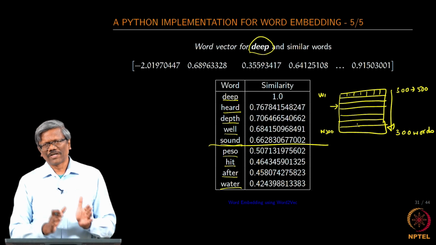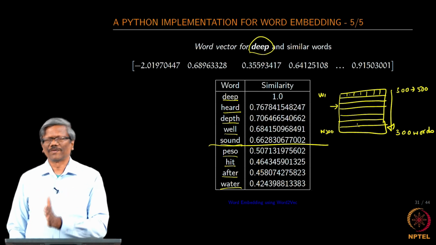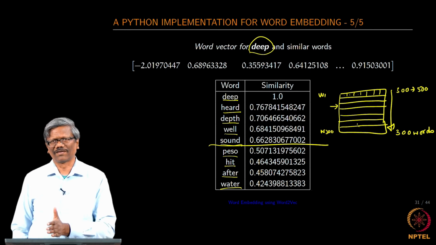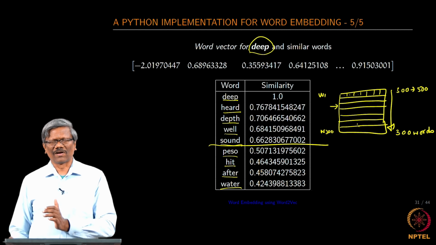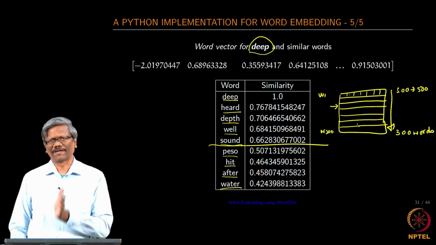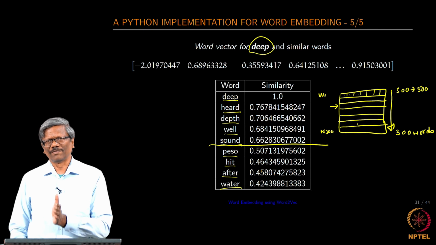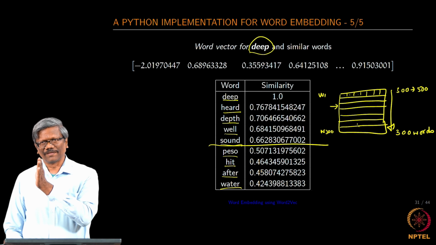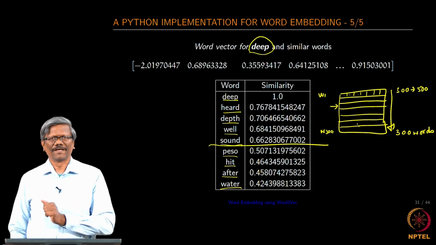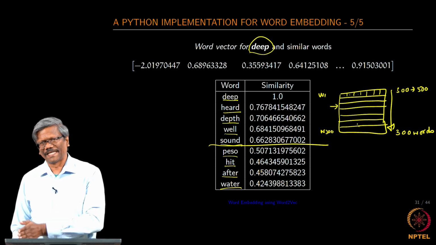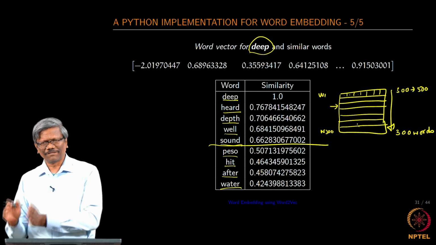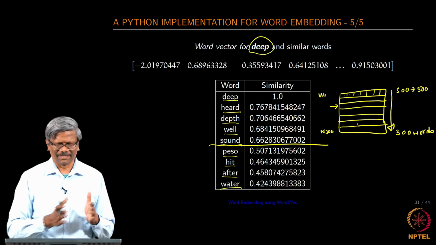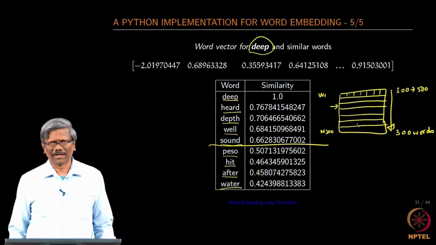Correspondingly, you have a 1 million into, let us say, if you restrict the hidden layer size to 300, 1 million into 300, and then if you go to the context side, again you have the matrix operation that you have to perform for the matrix of size 300 into 1 million, and then we have a U that is 1 million elements, we have a softmax that is 1 million elements, and then the difference that will be 1 million elements and so on, right. So, look at the size as the number of words in the vocabulary grows.